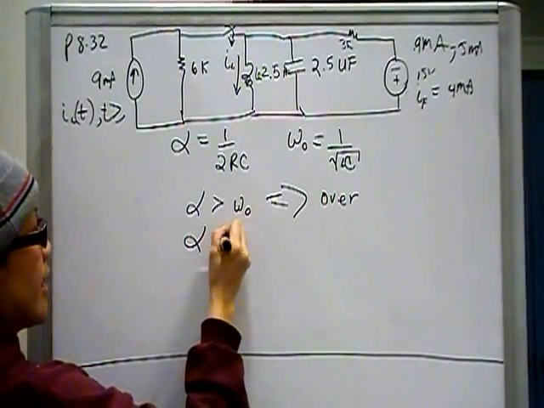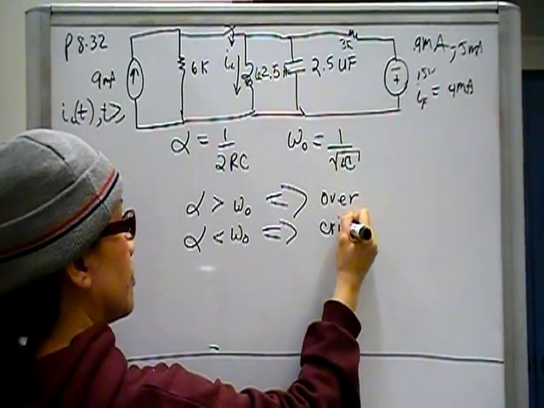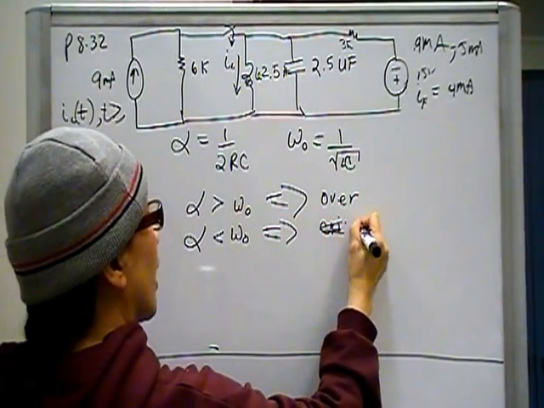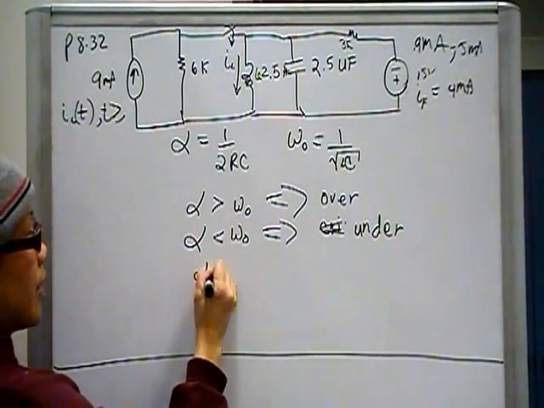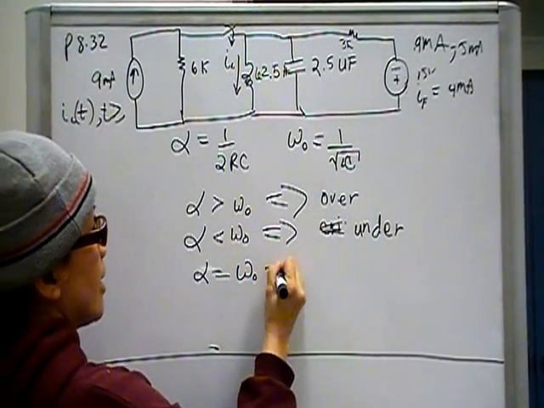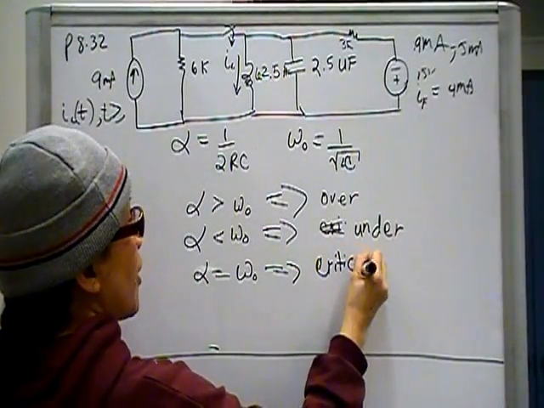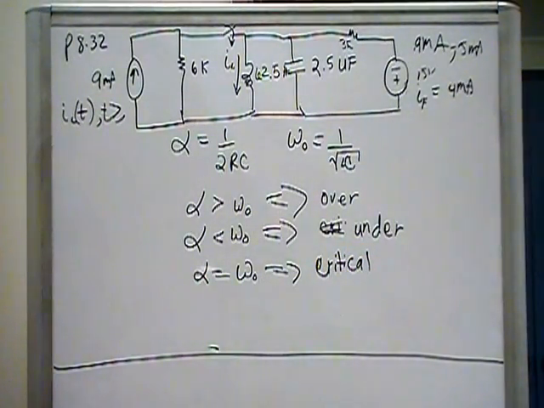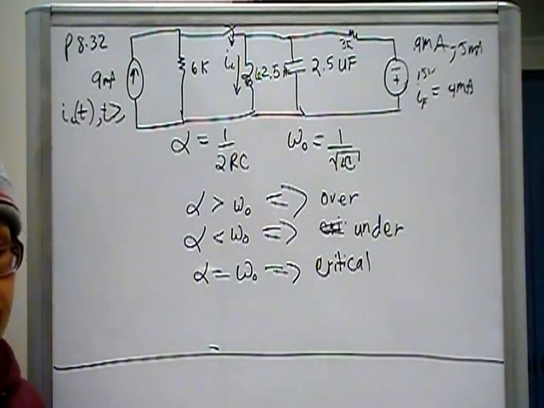If alpha is less than omega naught, then your circuit is underdamped. If alpha is equal to omega naught, then you have a critically damped circuit. And all of those will require different equations for solving. So, let's find out which sets of equations we'll be using.